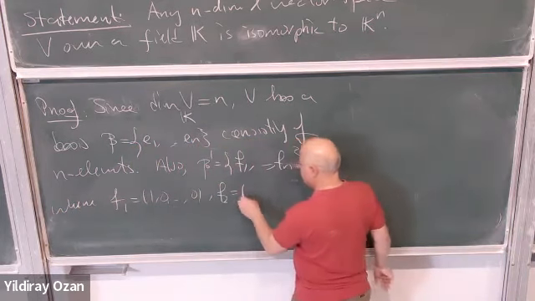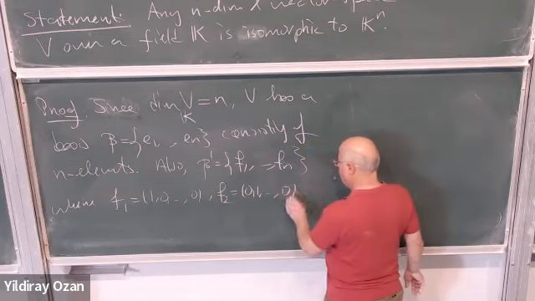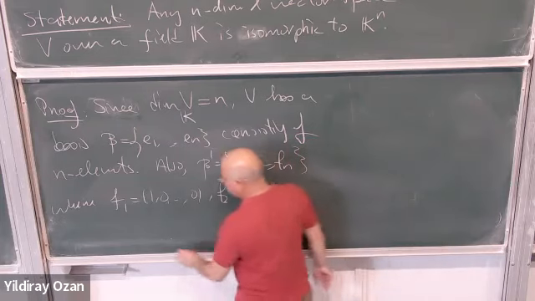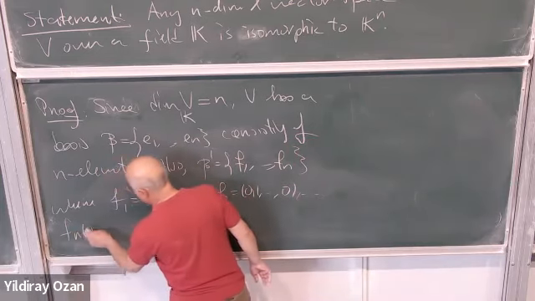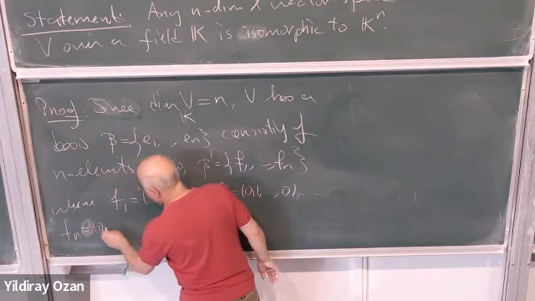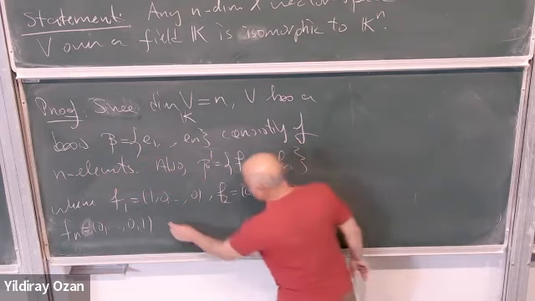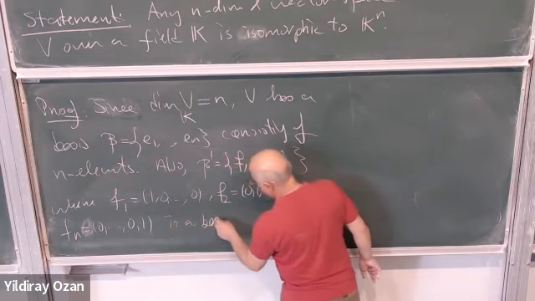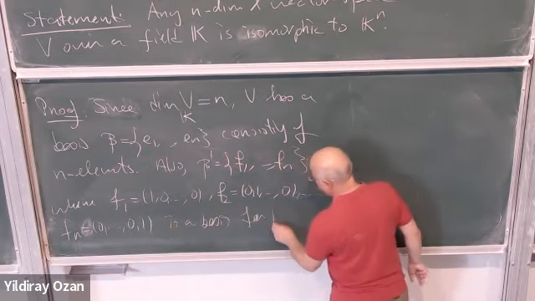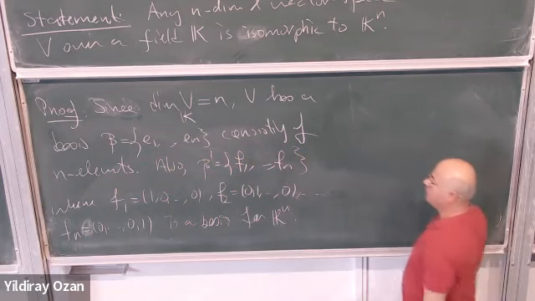F2 is just 0, 1, 0, 0. And so on up to Fn, which is just 0, 0, 0, 1. This is a basis for K to the power n.